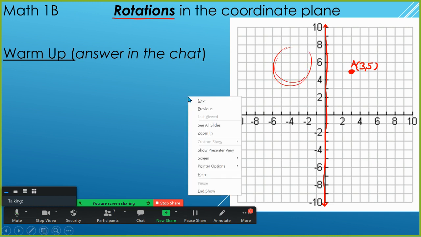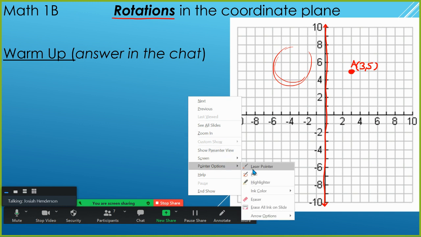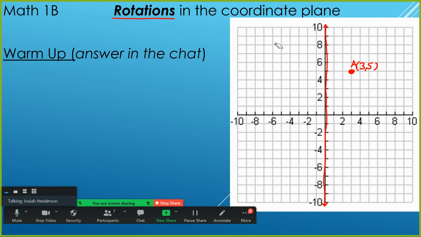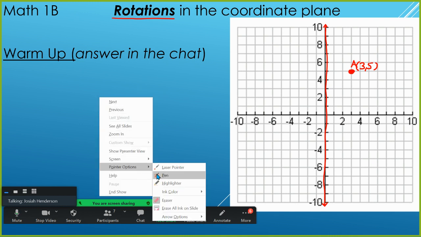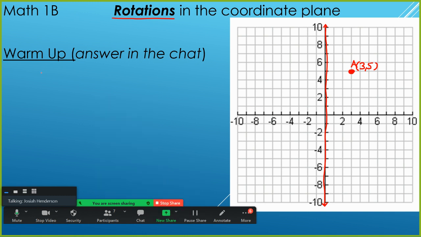Where will it live? What coordinate will A prime have? Use your rule or count the squares. Go ahead and take a moment and tell me in the chat, where will A be reflected over the y-axis?